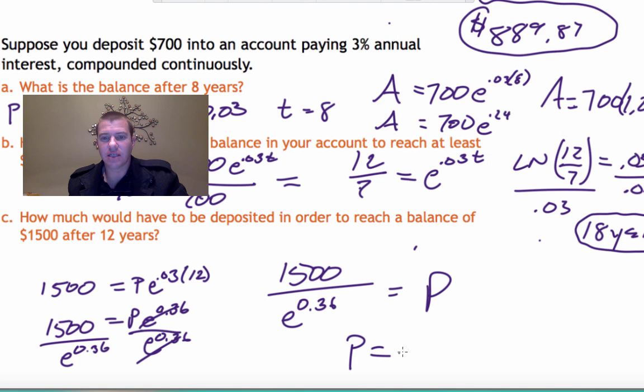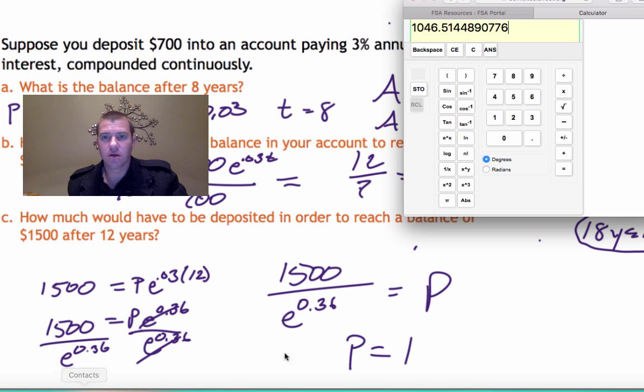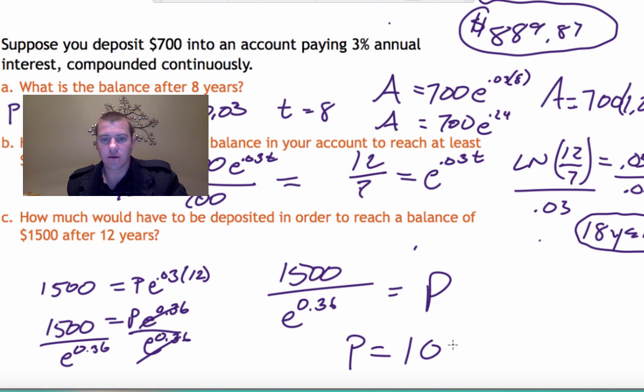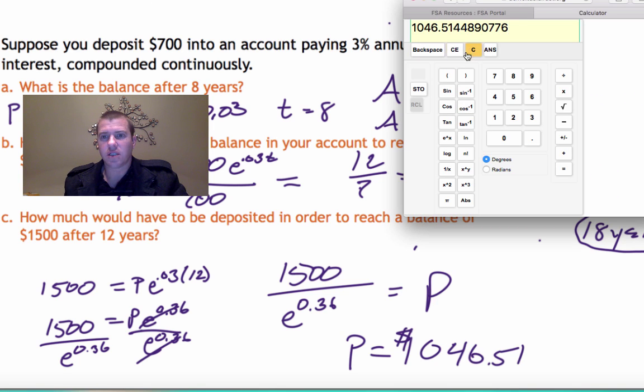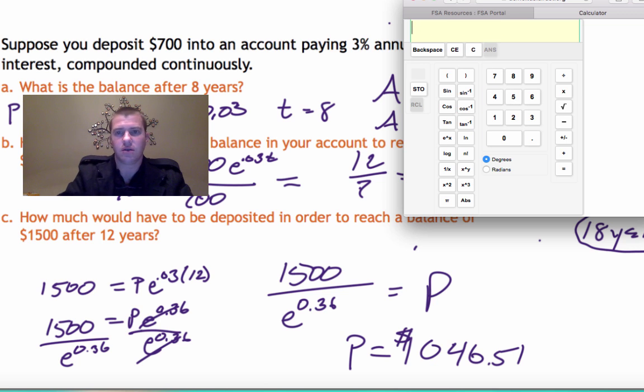So P is equal to $1,046.51. Notice you could have also done 1,500 divided by e raised to the 0.36, and I'm going to end up with that same answer, $1,046.51.